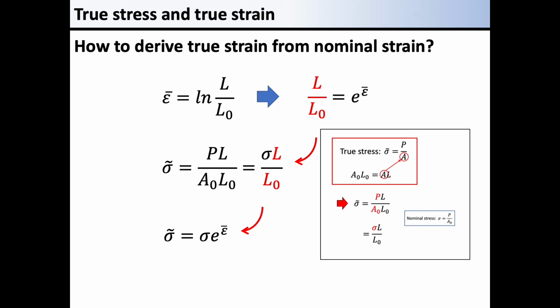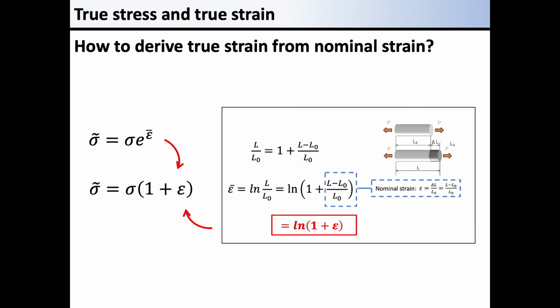The equation that defines true strain is given in the form that includes log. We further transform the equation by using exponential. L divided by L0 is exponential to the power of true strain, 1 plus epsilon.